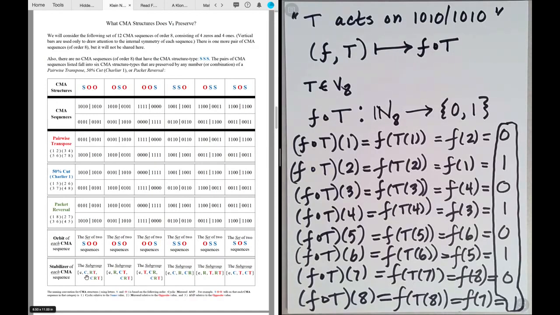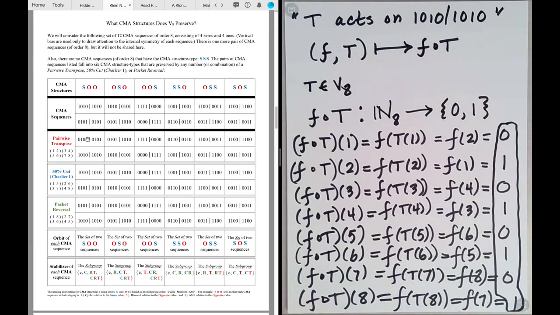Of course, you may notice the identity permutation is always in the stabilizer because it leaves everything alone. And then there's more, right? Now, it is true that the pairwise transpose by itself is not in the stabilizer. The reversal permutation is not by itself in the stabilizer.